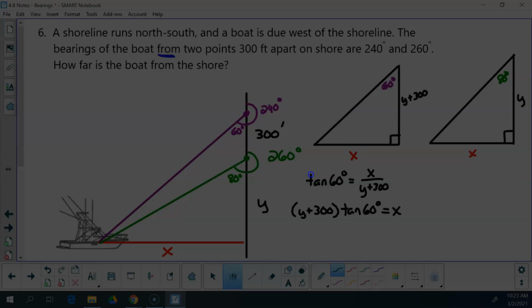If I go to the other triangle, and I know I have an 80-degree angle, I can also go the tangent of 80 is the opposite side over the adjacent side, and I can solve that for x.